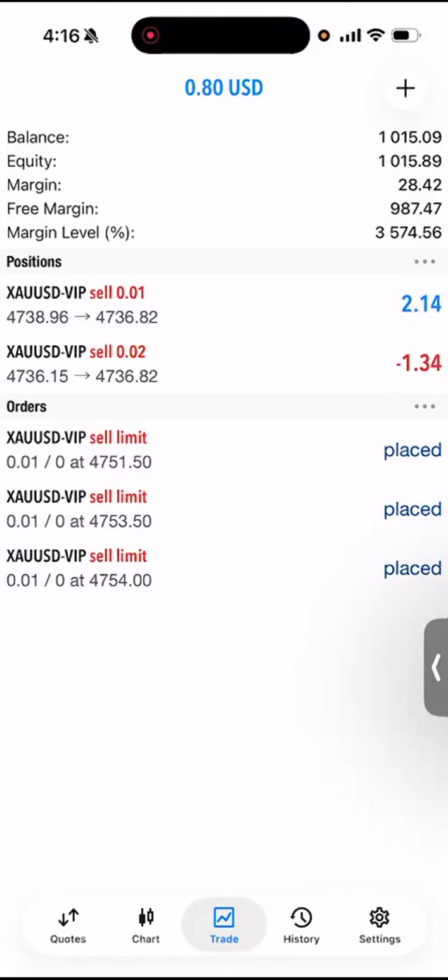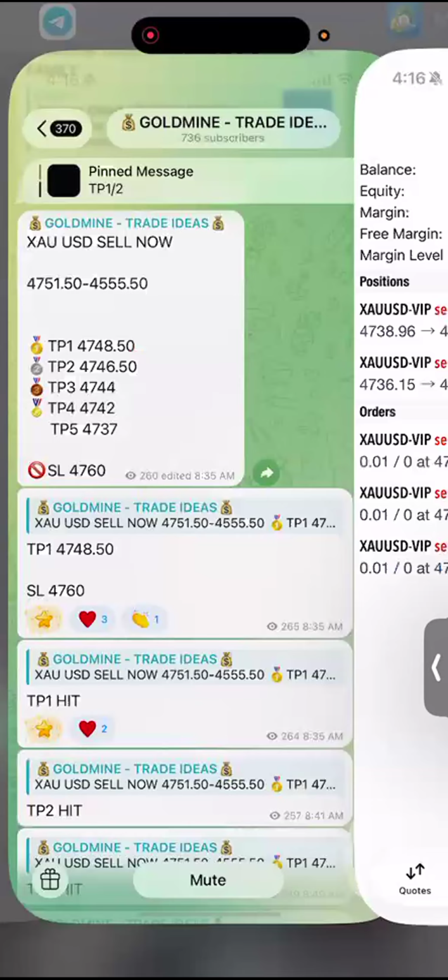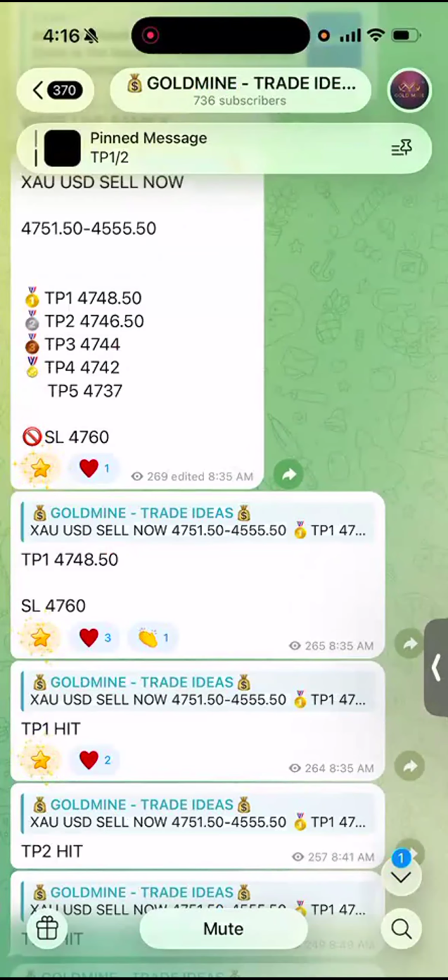Okay. Does it mean that I have to set the same take profit for all of them? No, it depends on you too. Like me, when I take a trade, especially from gold mine, what I do is I take the first position, right, which is 4751, and I take 4753.